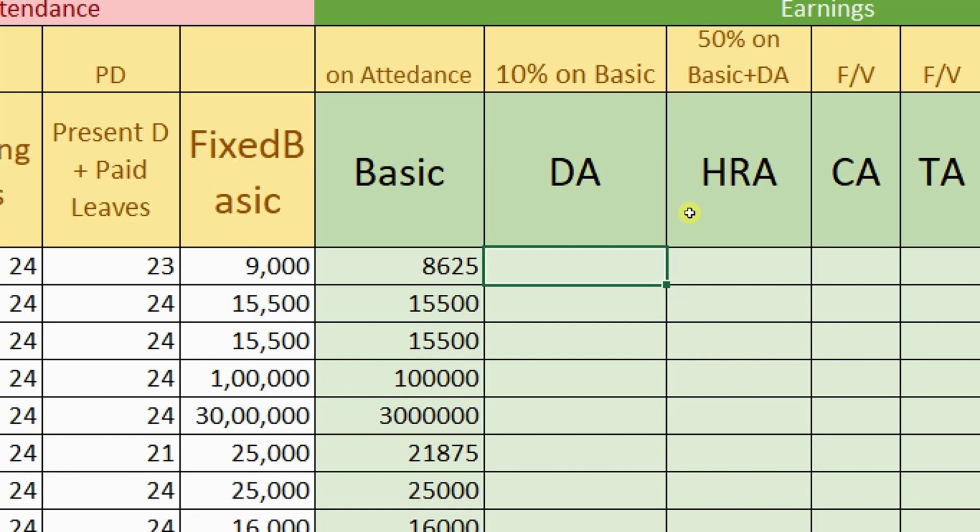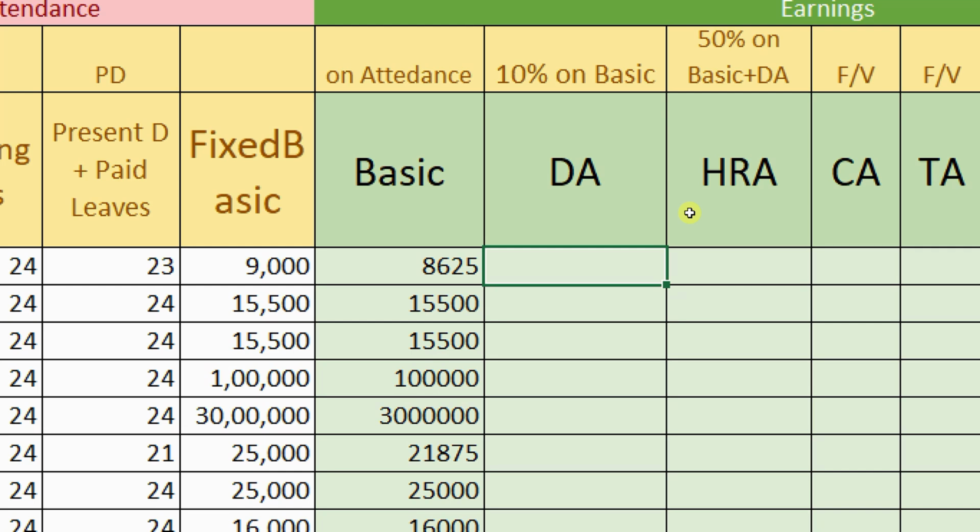Based on company practices and policies, some companies do pay DA to their employees, some companies do not. It is mandatory for governments. It is not mandatory for private. Any private company that would like to help you offset inflation can directly give an increment of basic salary.